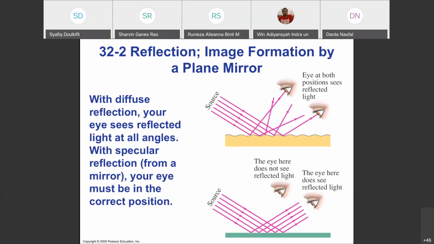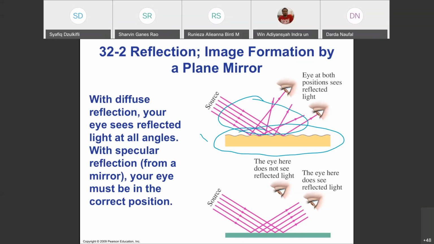With diffuse reflection, your eye sees reflected light at all angles. With specular reflection, specular means plane surface like a mirror, your eye must be in the correct position. Note here, this is diffuse reflection, meaning the surface is rough.